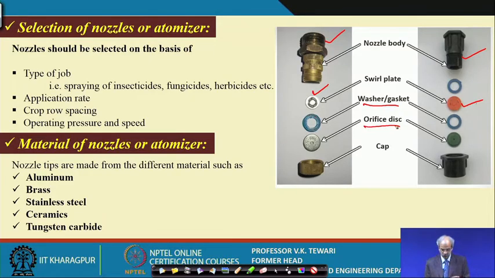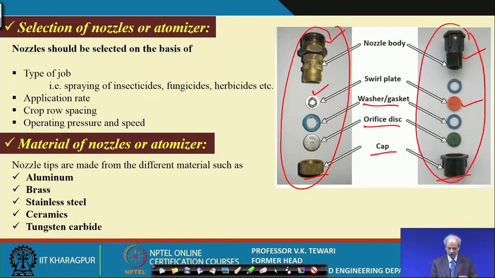Then there is an orifice disc which will help you deliver, and a cap for closing it. So, this is the detail of the two nozzles which we have shown you. These are the smaller components which are there inside.